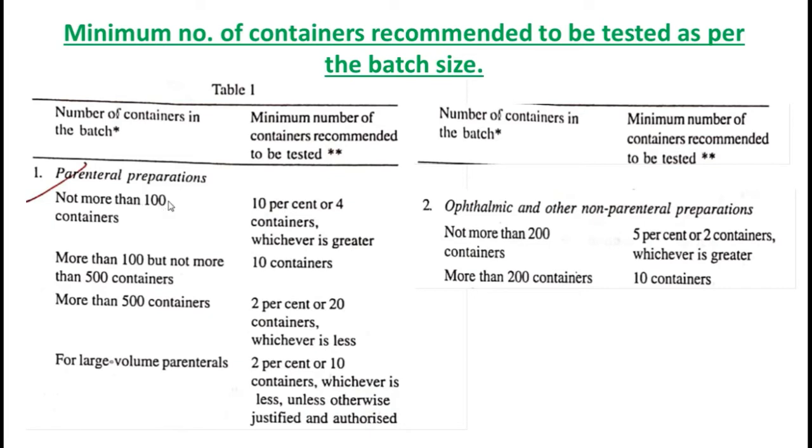That means for the 100 container batch size, 10 containers are recommended to be tested. Information is given for the other batch sizes. It is given for the ophthalmic and other non-parenteral products.